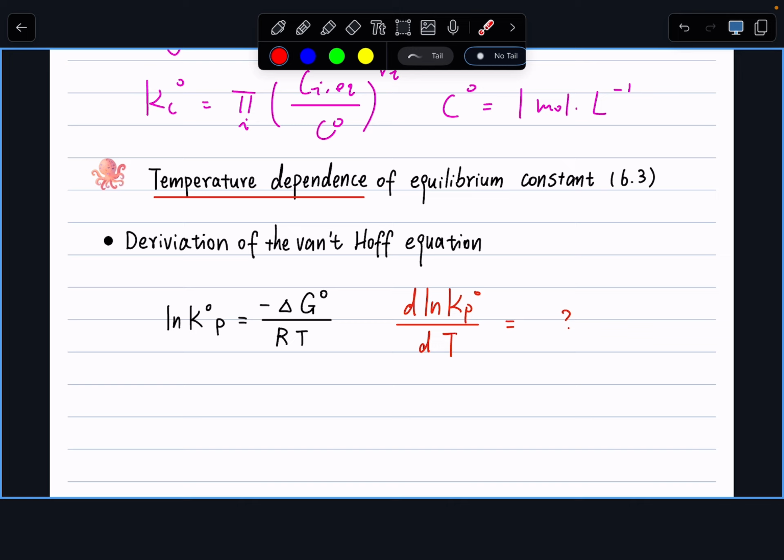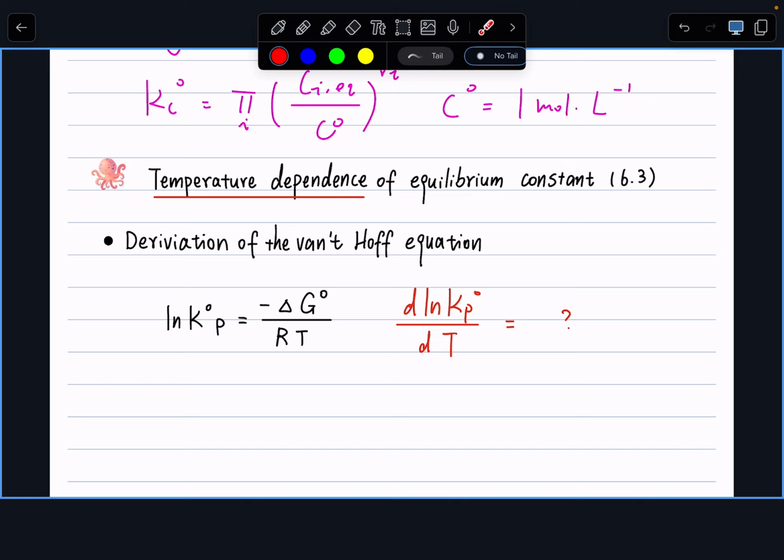Using this equation, thermodynamics relations and basic calculus, we'll derive the Van Hoff equation together. And likewise, if you're watching the recording, even though I'm doing the derivation on the board, you can see the derivation in our annotated notes.